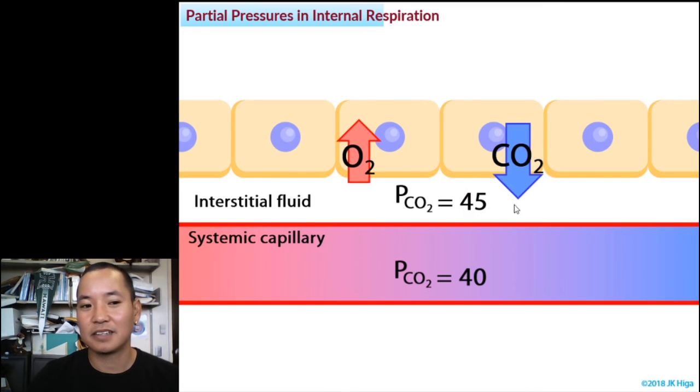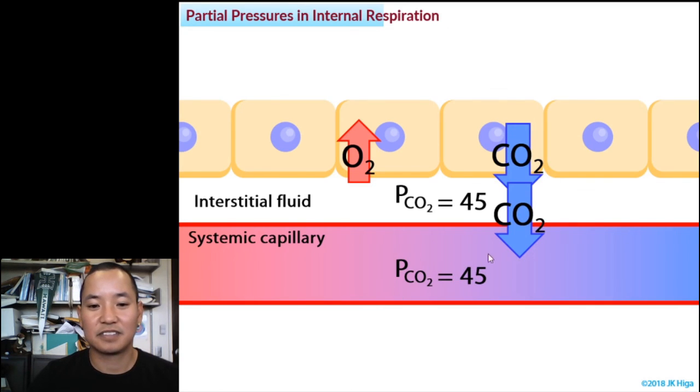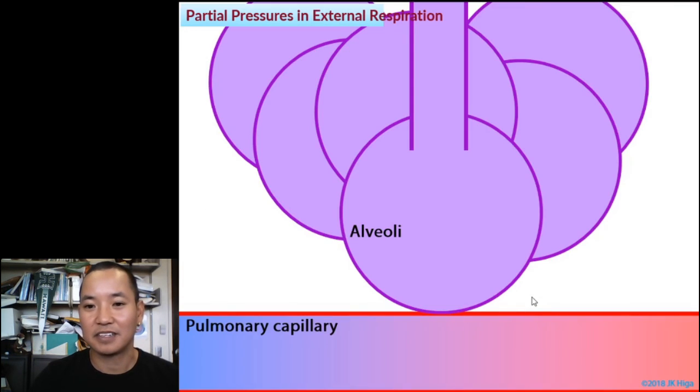This number, right? So again, pressure moves from high to low. So the carbon dioxide is going to move into the blood entering systemic capillaries. This is going to bring the partial pressure of the gases dissolved in the blood up to around 45 millimeters mercury, and once it leaves the systemic capillaries, it's around 45 millimeters mercury.